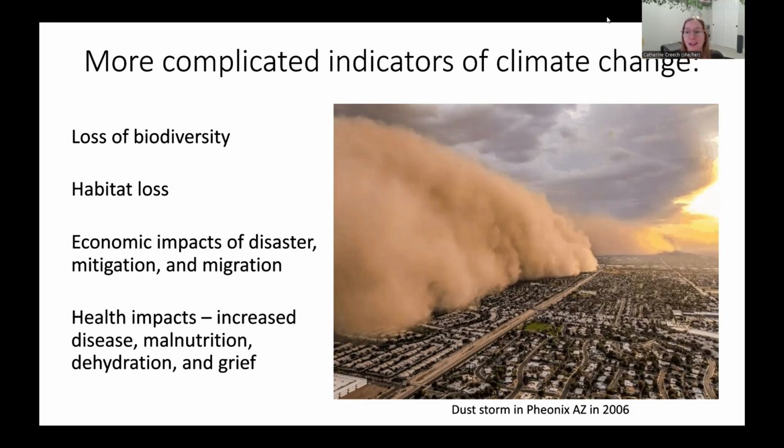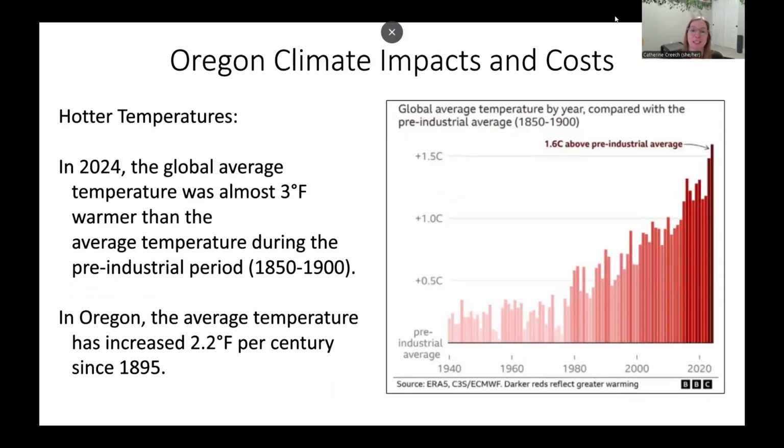All right, now let's start to get into Oregon specific. So Oregon climate impacts and costs. We're going to start with higher temperatures, hotter temperatures, and then we're going to move on to our different types of effects of climate change. Here we have a graph: global average temperatures per year compared with the pre-industrial age, 1850 to 1900. We have our pre-industrial age as before 1940.